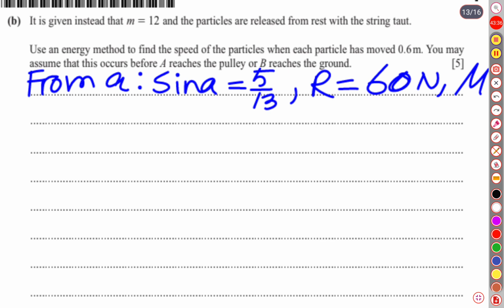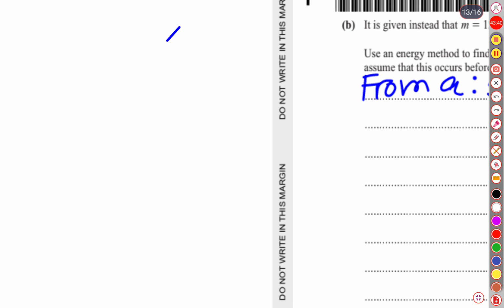How is sin alpha equal to 5 over 13? Let me show you. Suppose this is a triangle, and here it is written that tan alpha is equal to 12 over 13.